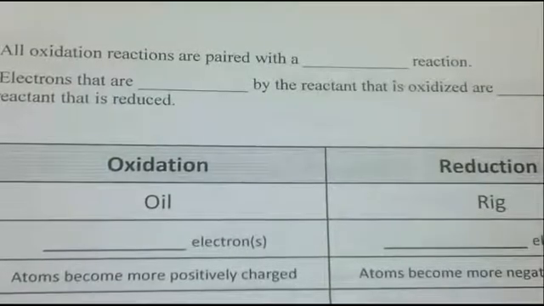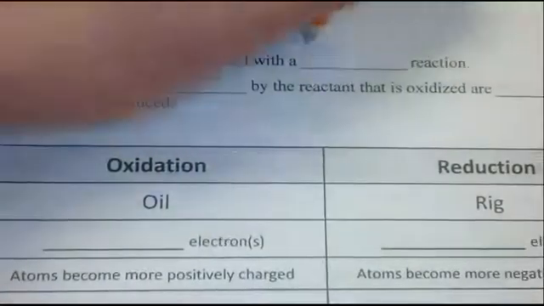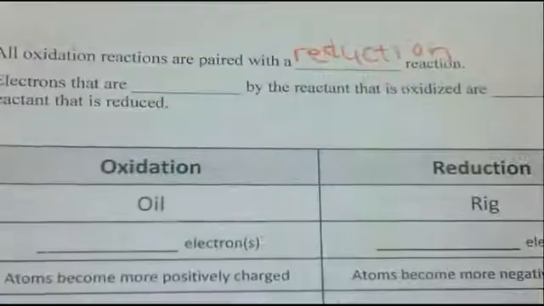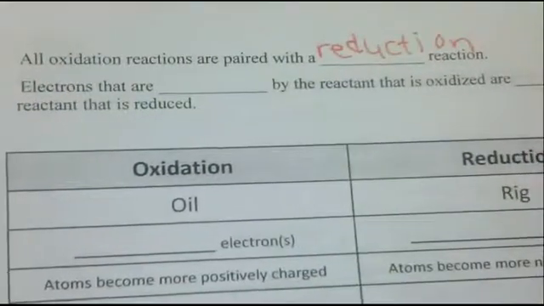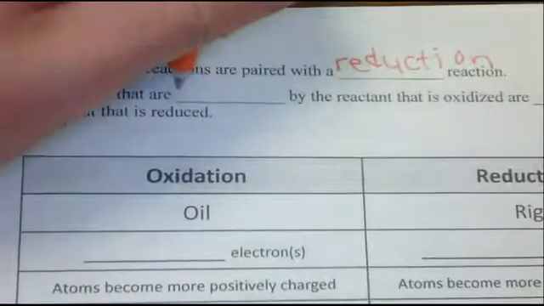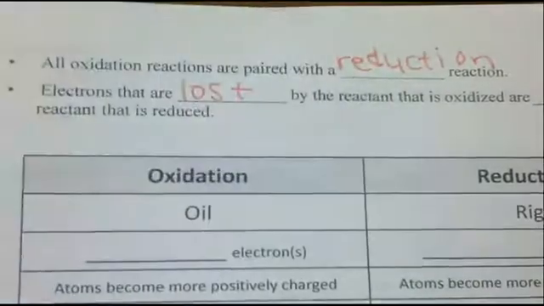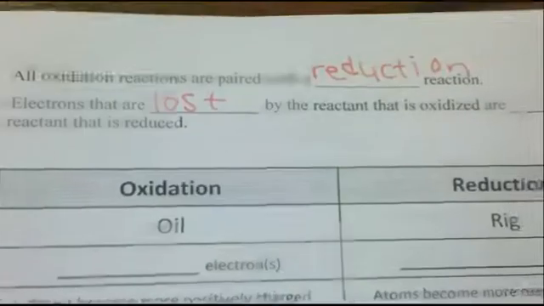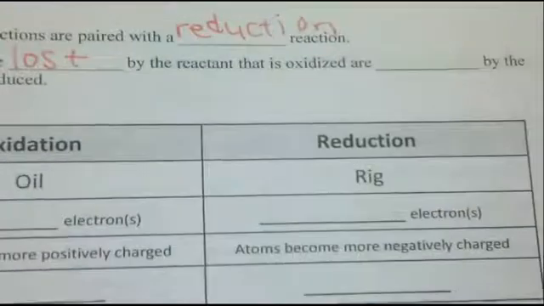All oxidation reactions are paired with reduction reactions. So they don't occur independently, and that's why we know them as redox, because one will not happen without the other. And electrons that are lost by the reactant that is oxidized are gained by the reactant that is reduced. So remember, we just finished a unit on ionic bonding.